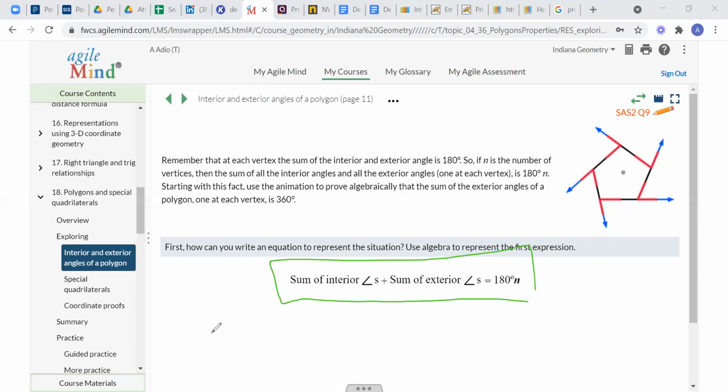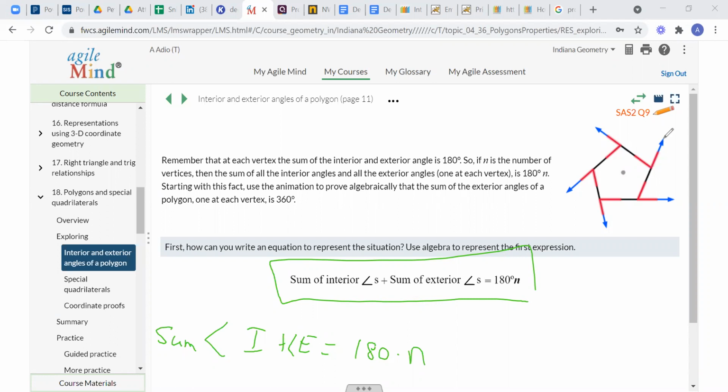If it's one specific angle pair, we know that interior plus exterior is 180. But if you want the sum of all interior and the sum of all exterior, since the polygon has n sides, you multiply by n. If you are dealing with just one interior and one exterior, they add up to 180. But if it's the sum of all the interior angles and all the exterior angles, it's going to be 180 times n.